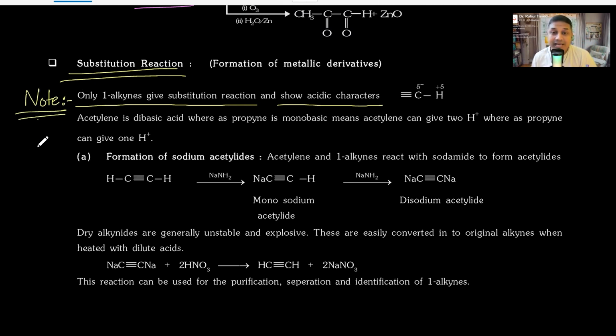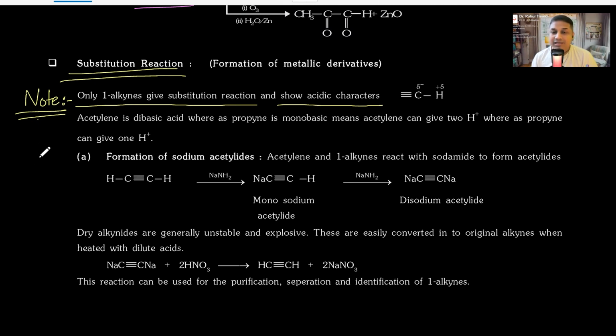You will not see that happening in alkenes. Among the unsaturated hydrocarbons, especially alkynes, it's only 1-alkynes. That means terminal alkynes are the only ones where substitution is possible.